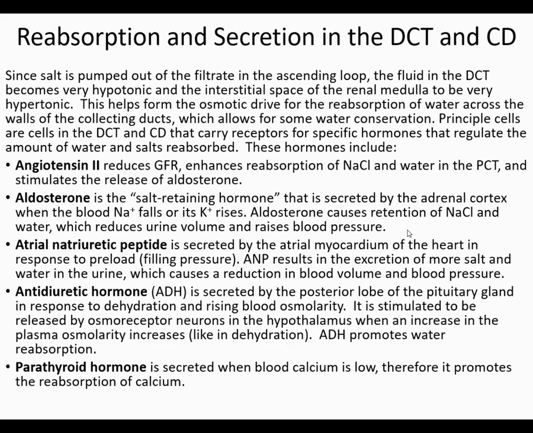All right, our last segments of the nephron are the distal convoluted tubule and the collecting ducts. That's what DCT and CD stand for. If you can't remember that, might not be a bad idea to write that somewhere near this slide. DCT is short for distal convoluted tubule. CD is short for collecting duct.